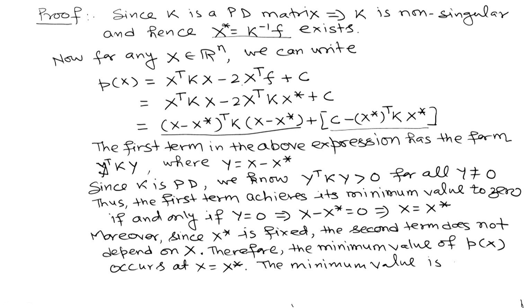And the minimum value can be obtained just by substituting x equals K inverse f in this expression, and from that we can get a simple form.